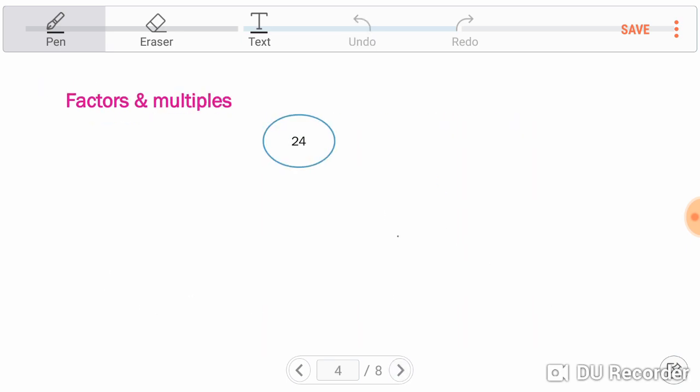طيب, a relation between factors and the multiples.